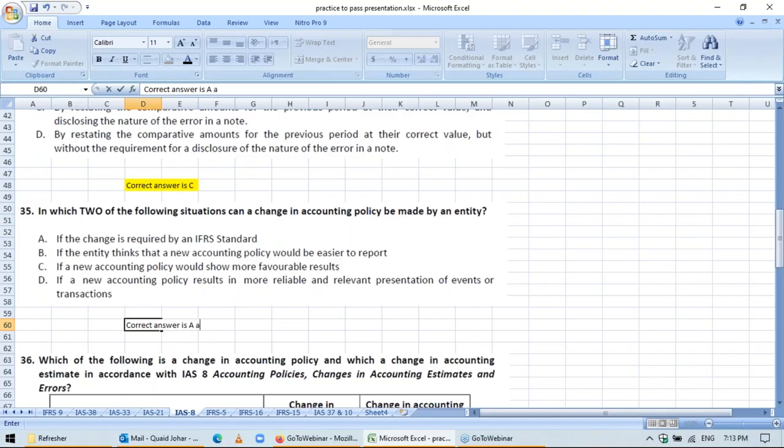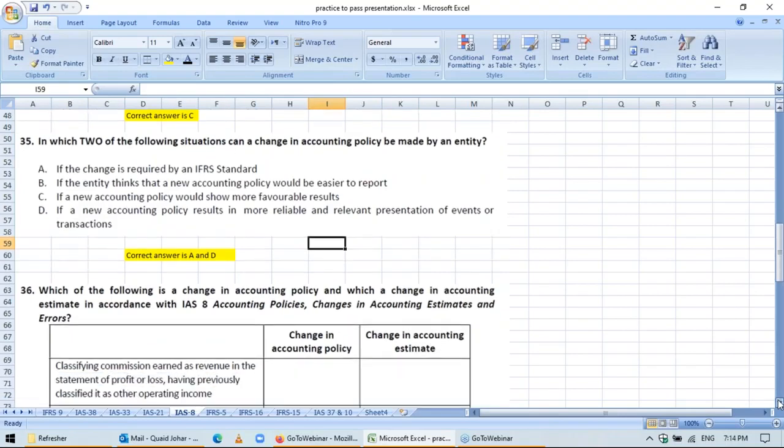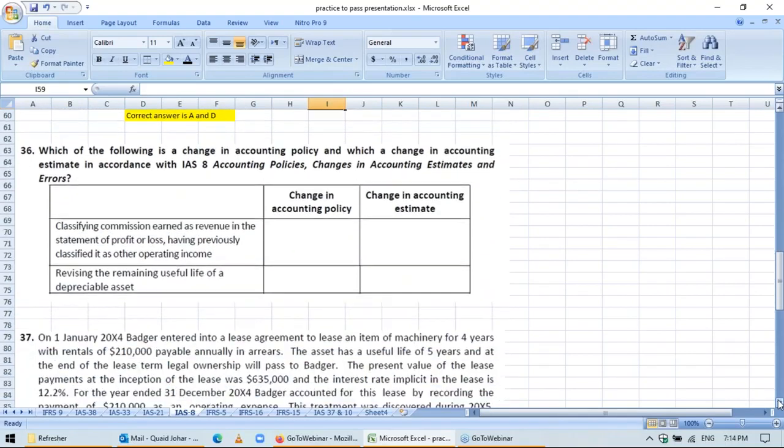So the correct answer is A and D. You can only change the policy when it is required by an IFRS, or it results in more reliable or fair presentation. Otherwise, you cannot change. So B and C are not possible. Okay, question 36. Half a minute to do it. Please suggest your answer, then I'll do it.